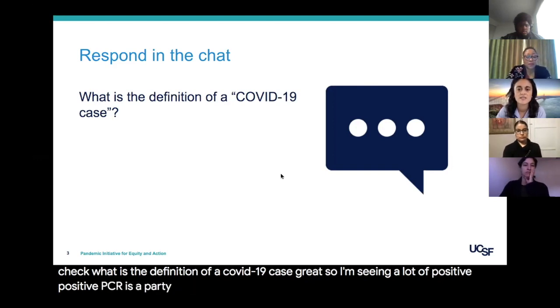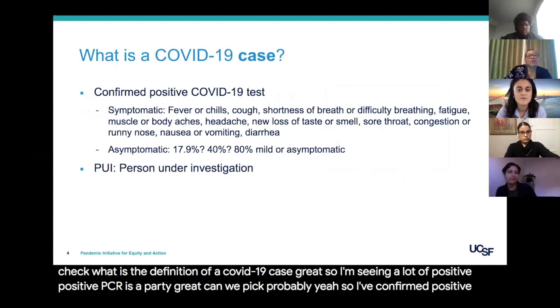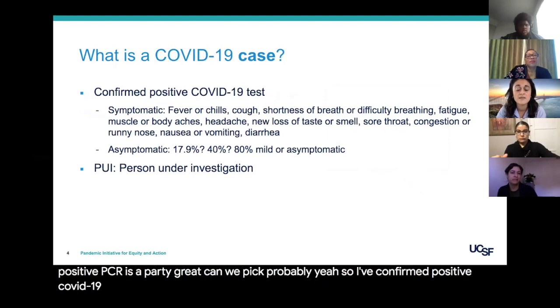Yeah, someone testing positive. Great. I think we can probably move on to the next slide. Yeah, so a confirmed positive COVID-19 test, and usually that means a PCR test.